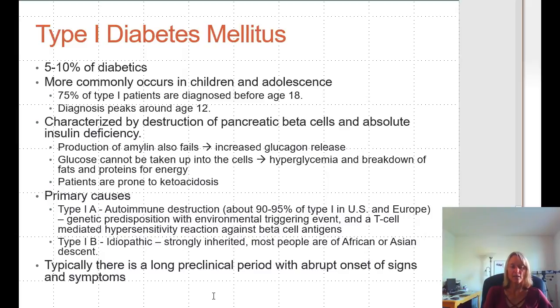Type 1B is idiopathic, but there seems to be a strongly inherited tendency, with most people being of African or Asian descent. In type 1 diabetes, there's often a long preclinical period with abrupt onset of signs and symptoms when the pancreas gives out.